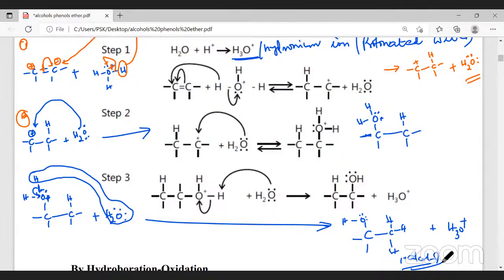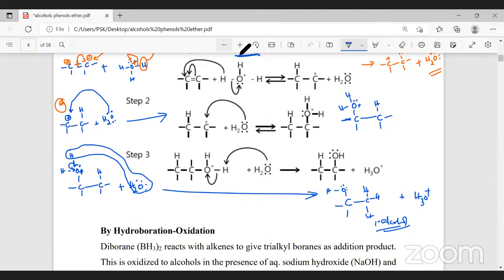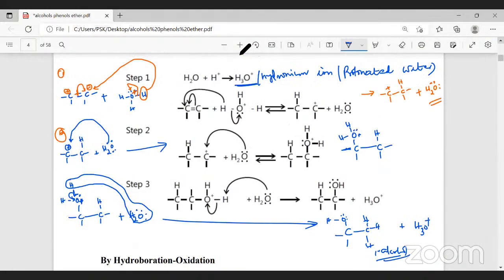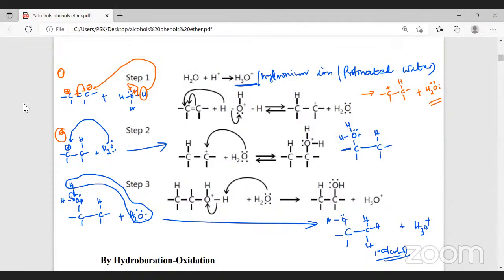All right, so I'll just reduce the font size for a minute. Kindly go through this mechanism. This is a very important mechanism. In the printed material, they've shown carbon on the right side. I have taken carbon on the left side. That's the only difference, but the mechanism is the same. We can just go through for a minute, then we will continue further.